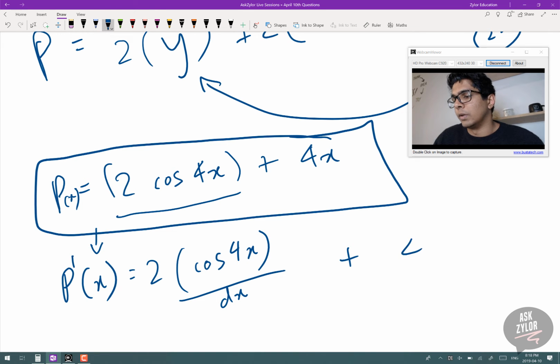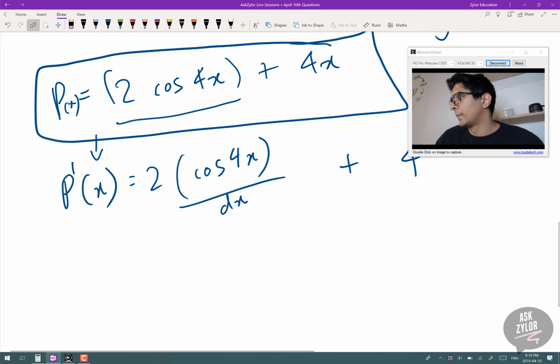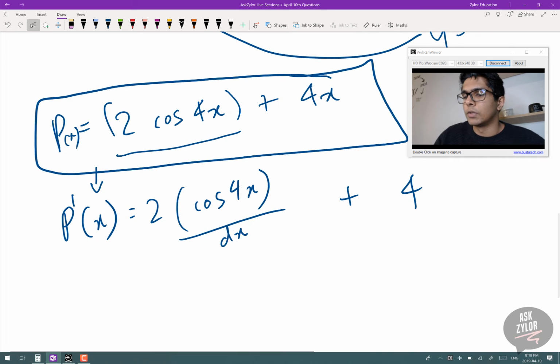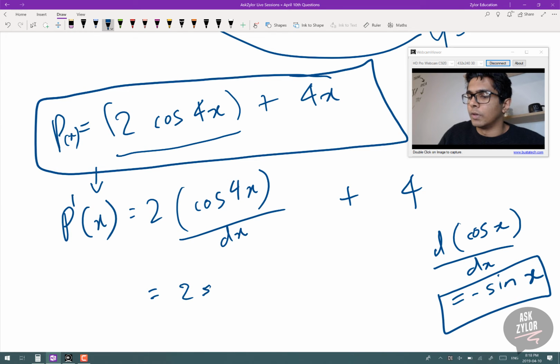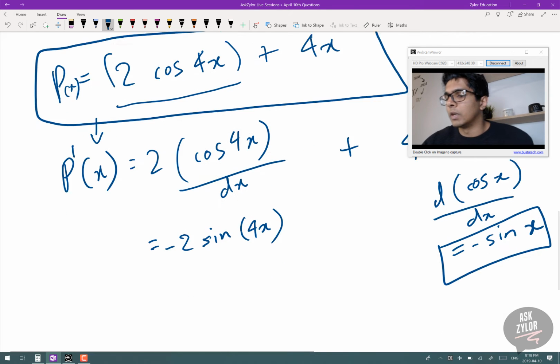And then 4x is simply going to be 4, so I'll write that. So I know my derivative of cos x is going to be negative sine x. Right? So I'm going to write negative 2 sine 4x. So this is part of the chain rule.